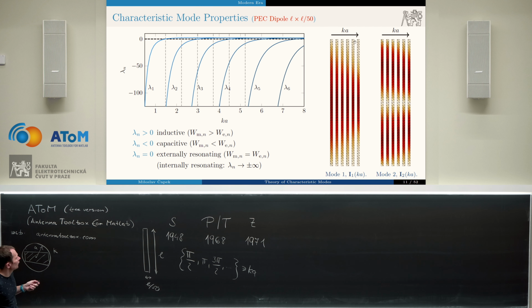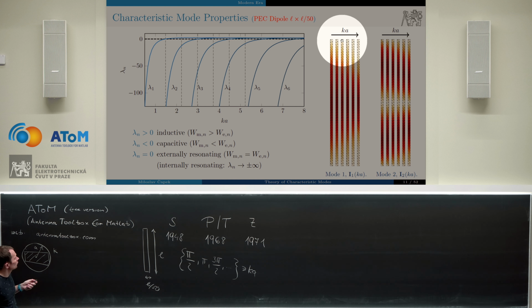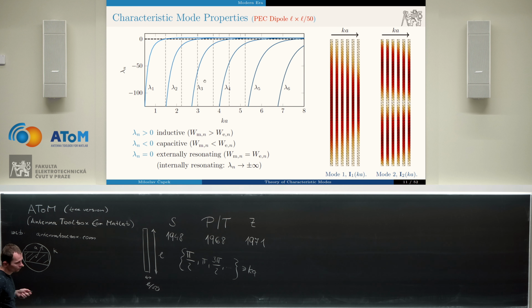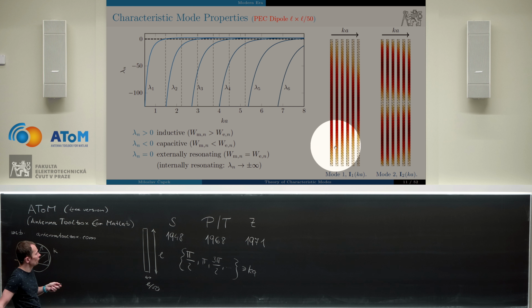So 6 cases are shown here, 6 snippets, and they are valid for these dashed lines. So the first one is for this Ka, the second is for this Ka, third for this Ka, and so on. So what you can see immediately is that not only eigennumber, but also the eigencurrent is evolving with frequency.